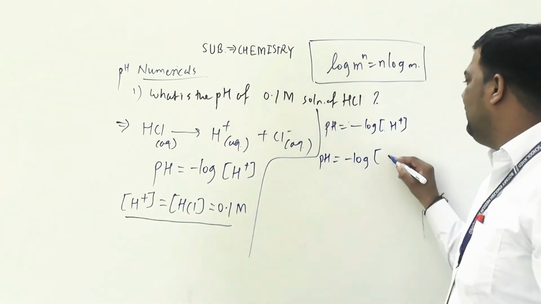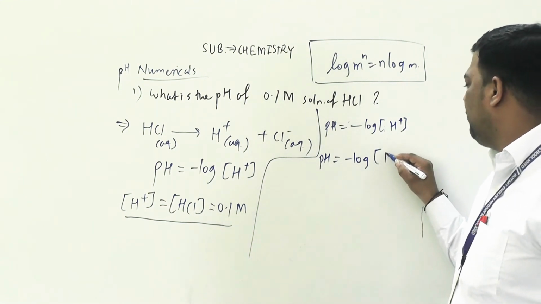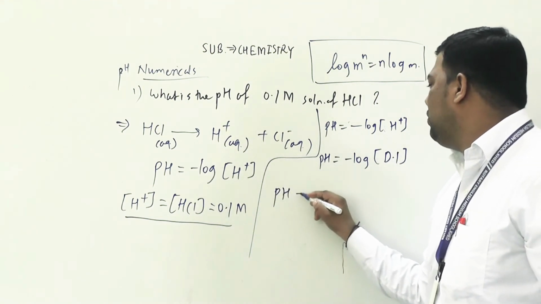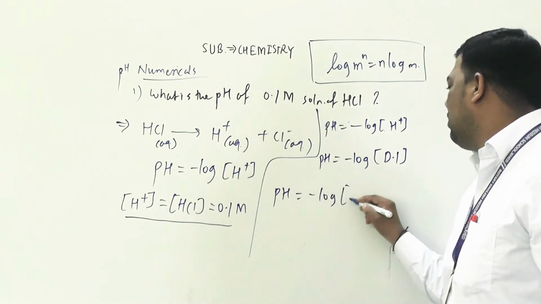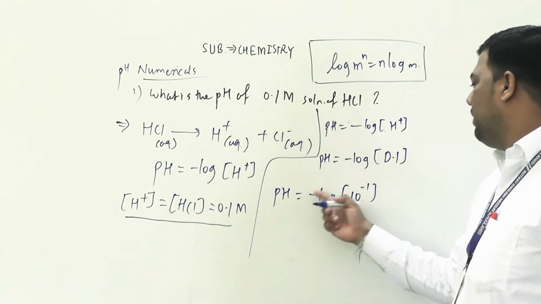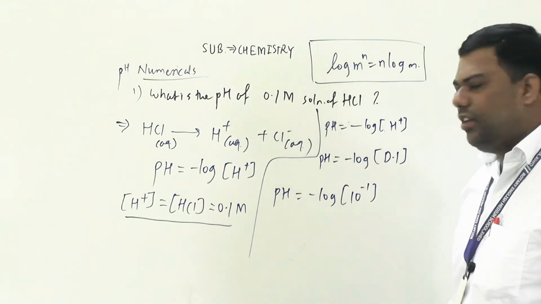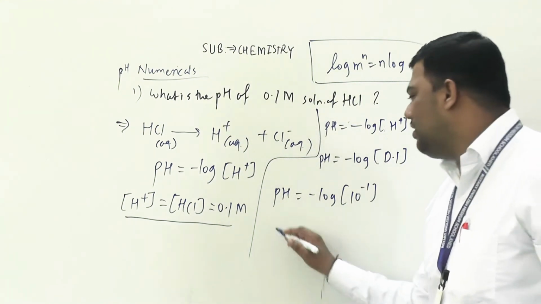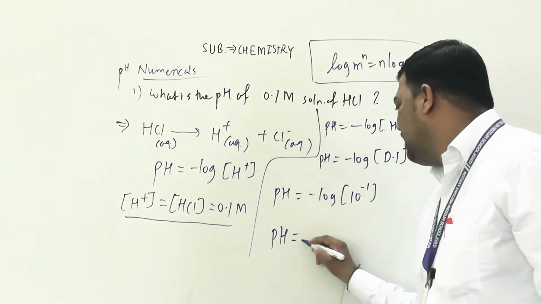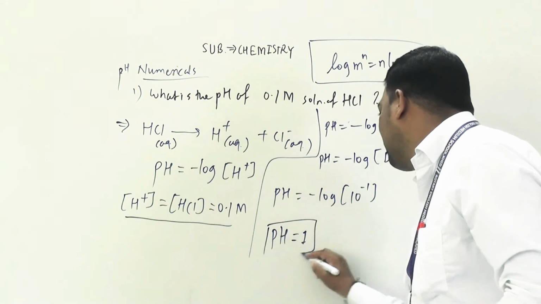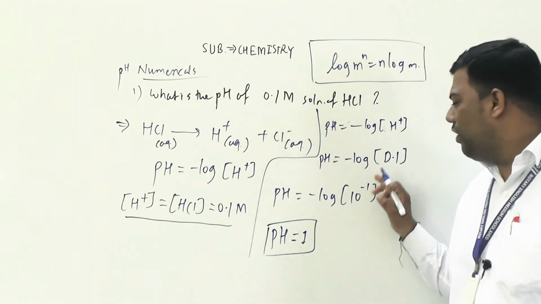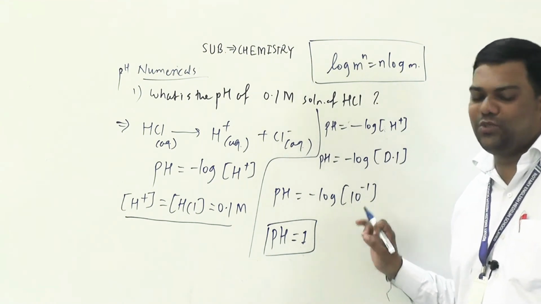Can I write 0.1 as 10 raised to minus 1? So pH is equal to negative log of 10 raised to minus 1. Minus minus becomes plus, and log base 10 of 10 is 1. So pH is equal to 1. Understood? You must know that 0.1 can be written as 10 raised to minus 1.